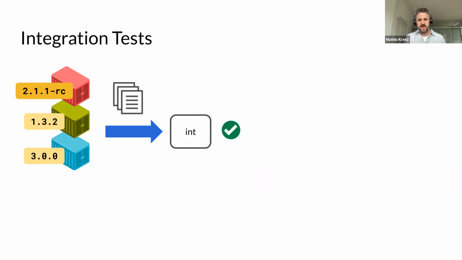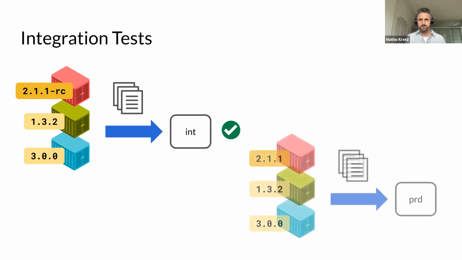We would then retag our red microservice artifact to make it a proper release 2.1.1. Finally, we would push the representation of the prod environment to our Git repo, pinning the version of the red microservice to 2.1.1, and thus triggering the deployment of the prod environment.